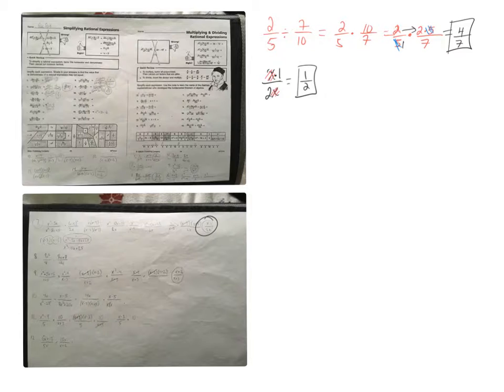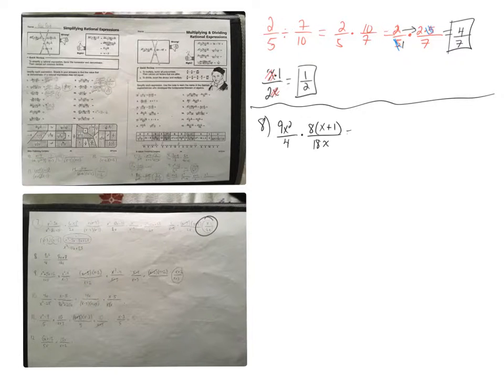So we could rewrite this as, for number 8, 9x squared over 4 being multiplied by 8 times the quantity x plus 1. And in the denominator we have an 18x. And of course 18x has a factor of 9 in it. So they always rig these problems, so there's some things that we can reduce.